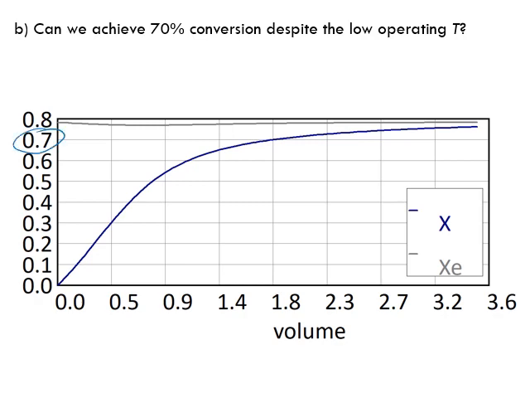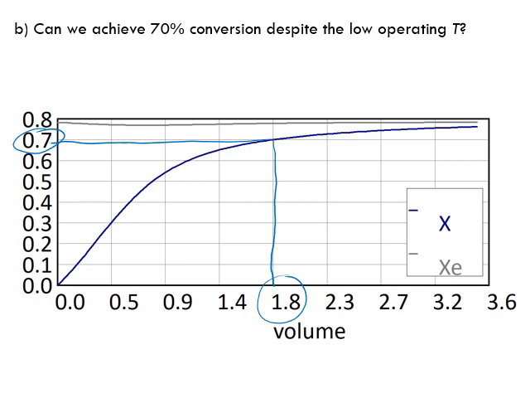Actually, we don't even need the complete reactor, which is 3.5 cubic meter. We need only 1.8 cubic meter to achieve 70% conversion. But anyway, I have 3.5 cubic meter, so that's absolutely fine.